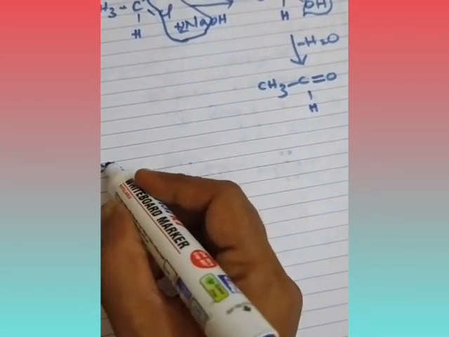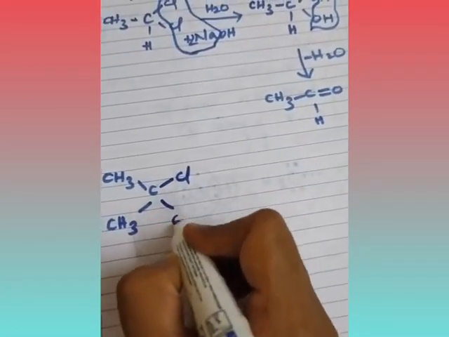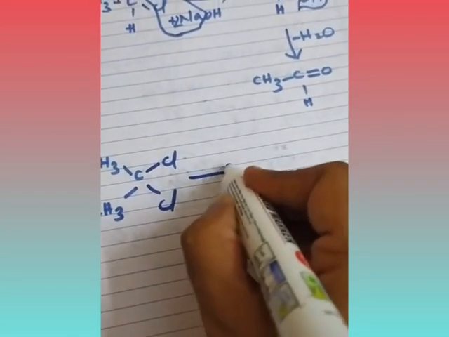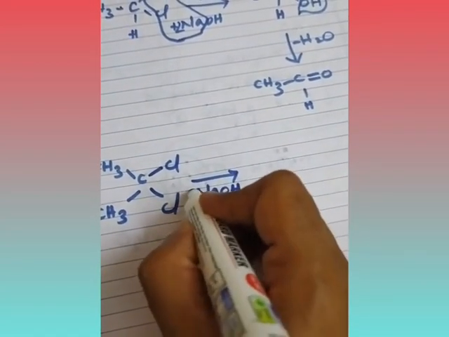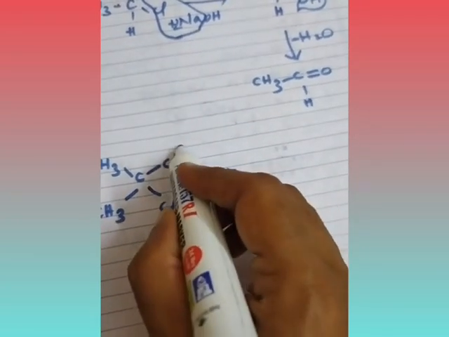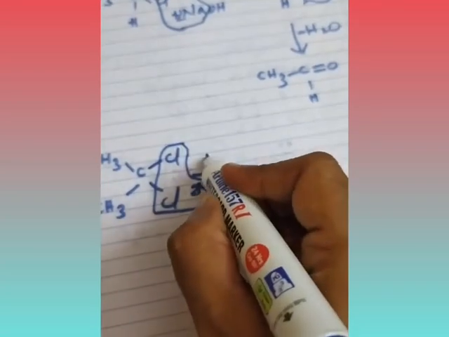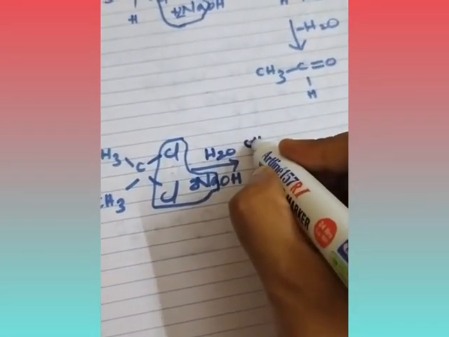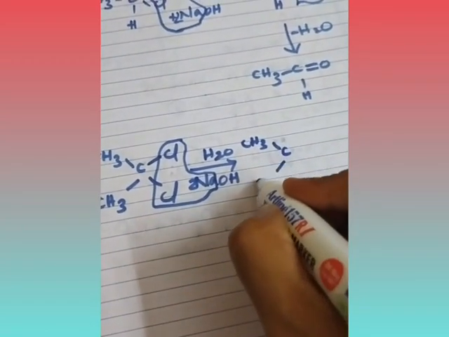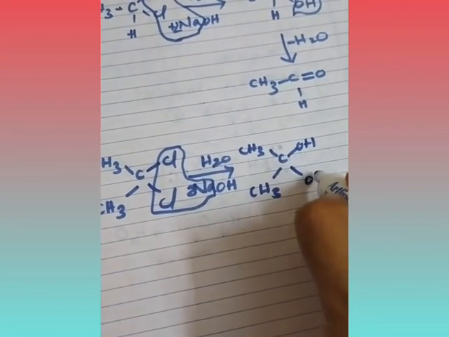Because the carbon is now attached to two alkyl groups. Okay. Here Cl, Cl. Same thing only we are going to follow. When it reacts with 2 molecules of NaOH, what happened? Because using NaOH only, the hydrolysis took place there. Okay, so here we can have CH3, carbon, CH3, here I have OH, here I have OH.